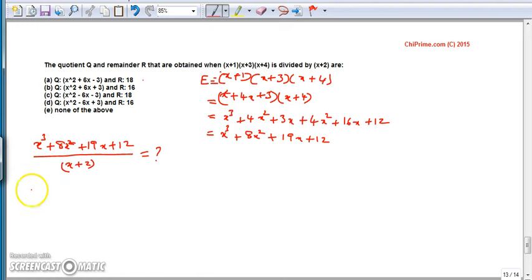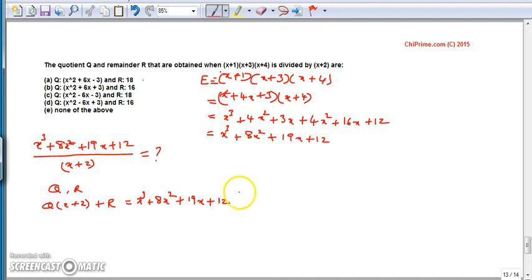Or in other words, we want to find Q and R such that Q times x plus 2 plus R equals x cubed plus 8x squared plus 19x plus 12. Let's proceed to solve this using the method of synthetic division.